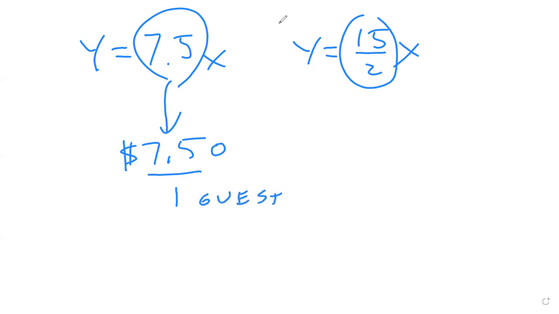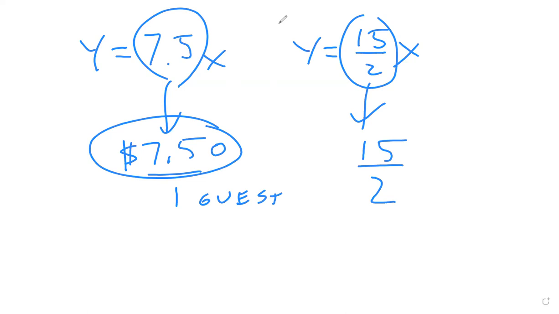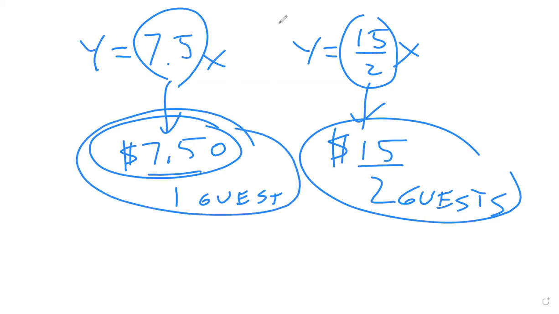Every time we add a guest to the list, it's $7.50 more to supply the party with food. If you wrote your slope as 15 over 2, same idea: the interpretation is $15 every 2 guests, which says the same thing.